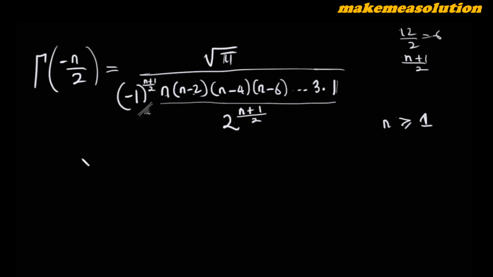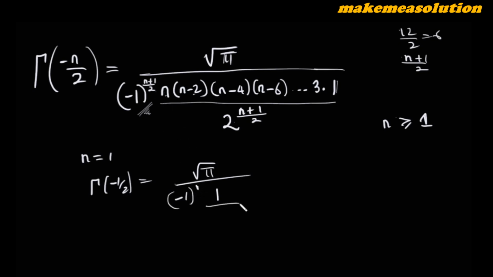So let's treat the case when n is equal to 1. When n is equal to 1, this is how I'm going to tidy it. Gamma of minus 1 over 2 gives root pi. All odd numbers between 1 and itself is just 1. So I have minus 1 raised to the power of 1 plus 1 divided by 2, which is 2 over 2, which is 1, then divided by 2 raised to the power of still 1.